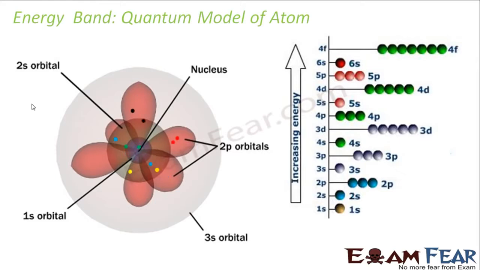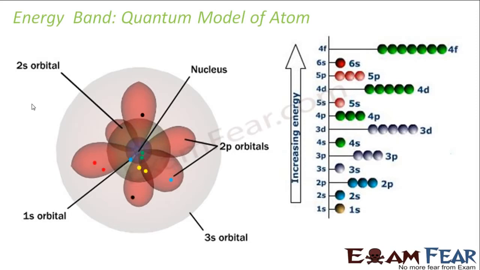If you see a typical atom structure, we have atoms and electrons jumping around in different shells. We have 1s orbital, 2s orbital, 3s, and each of these orbitals has different energies. So we can create an energy band like that, because 1 has lesser energy, 2 has more energy.